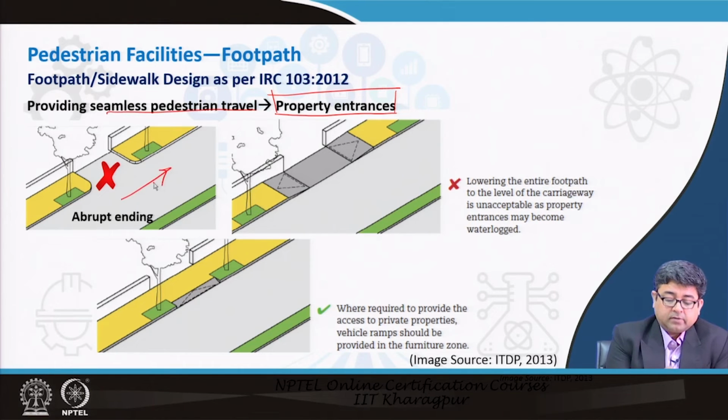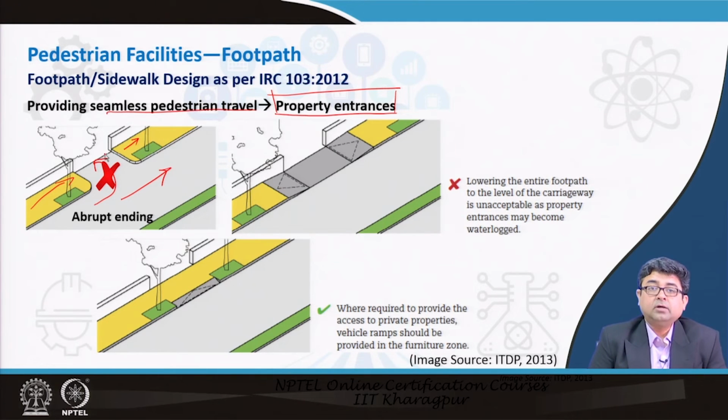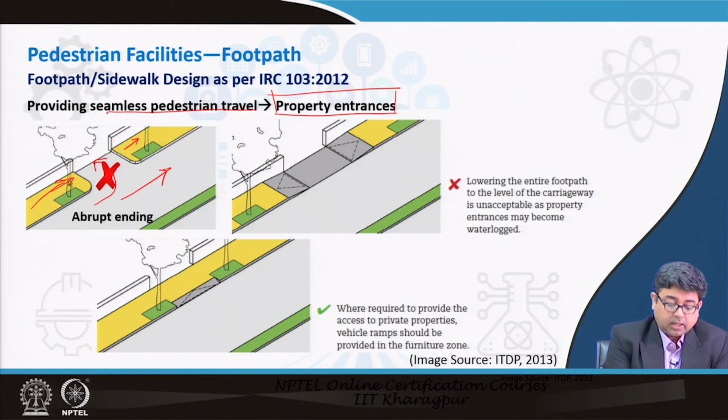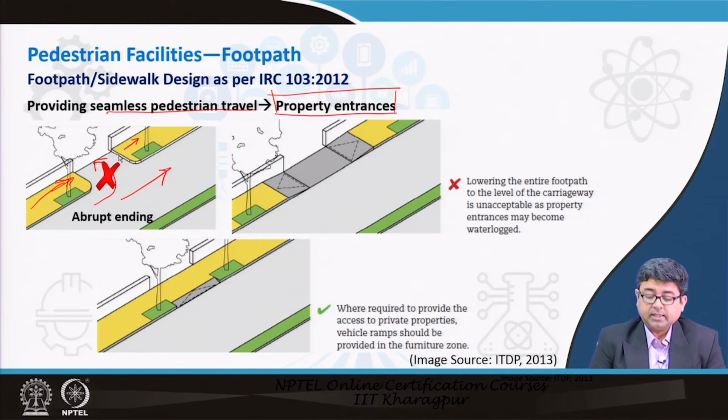So, here is your right of way, here is an entrance to a residential building or to a commercial building, and so what happens is this footpath ends here and again starts back up here to provide for direct access to the motorcycle or to the motor vehicle, right. But this is not taking into account that there are a lot of people walking on those footpaths. So, why should we not provide them with a seamless entry as well.